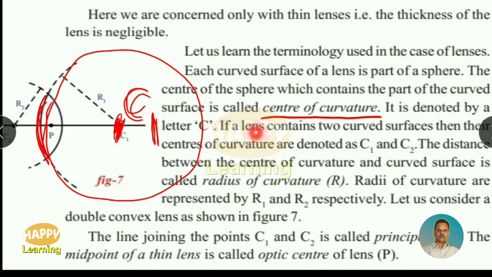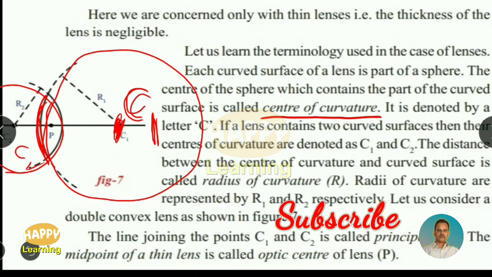If a lens contains two curved surfaces, then the centers of curvature are denoted by C1 and C2. If we extend this second surface, you will find another sphere, and the center of that sphere is C2.